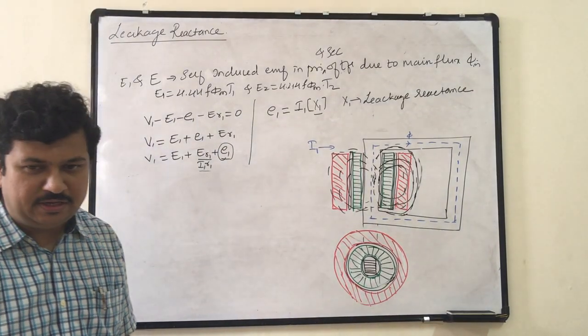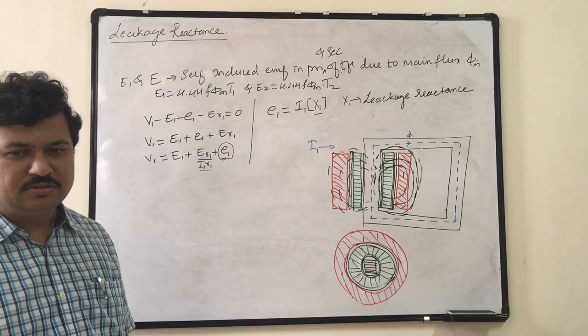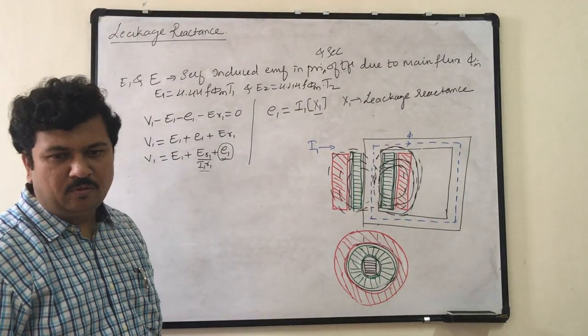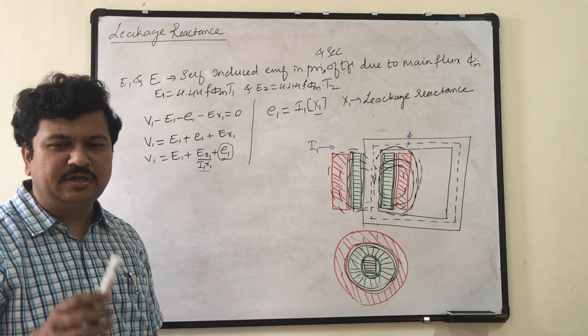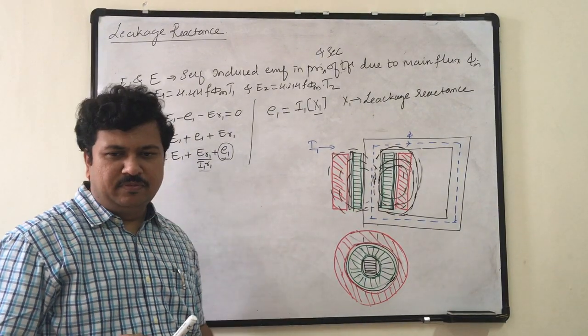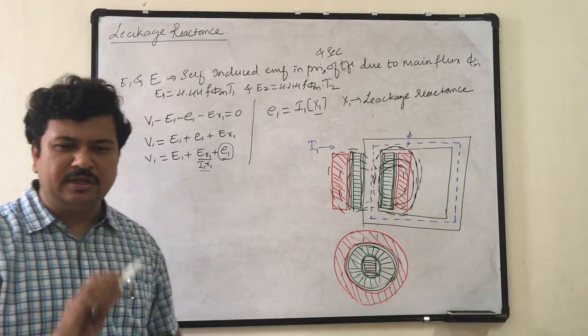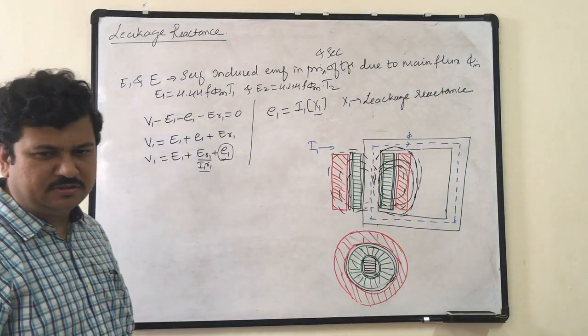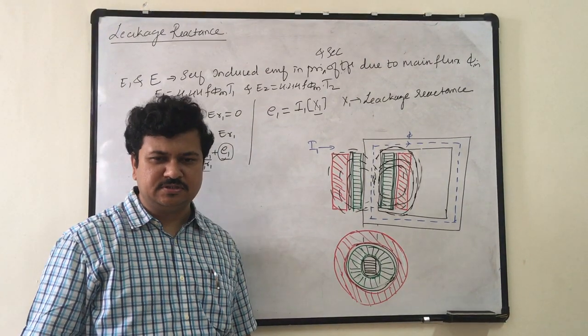So now I should find the leakage reactance due to the leakage flux linking to the primary, and the leakage reactance due to the leakage flux linking to the duct. Linking to the secondary will be the secondary leakage reactance. Similarly, whatever we take for primary, I will take for secondary, just by changing a few terms in the equation.